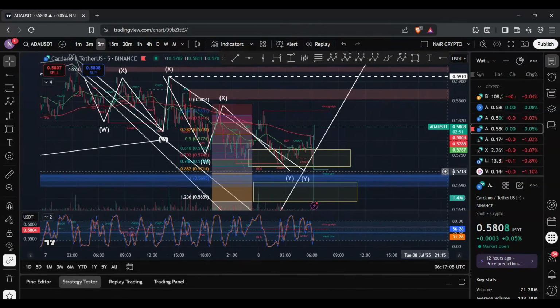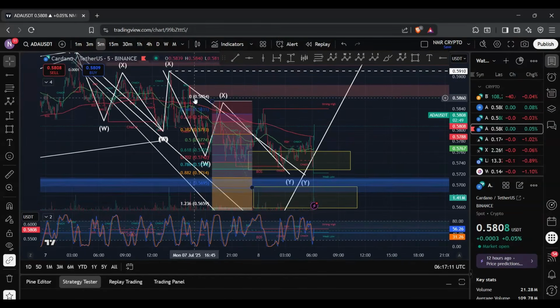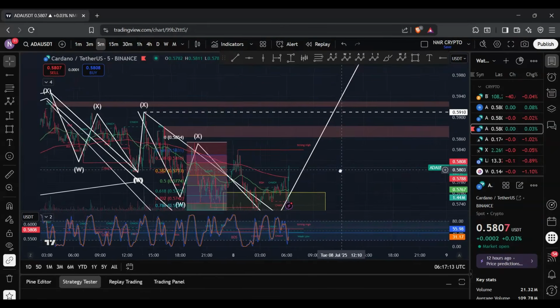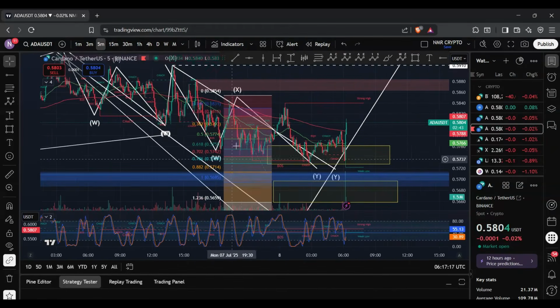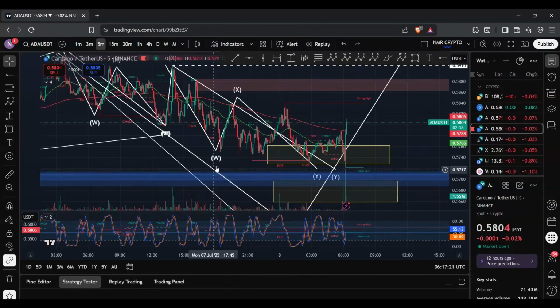And so we do need some further confirmation as to whether or not we still see that move to the downside, or we see a reversal followed by another push to the downside. And so what I'll do is check to see what's taking place within this Y wave here. And again, it looks like we had a WXY structure that played out.